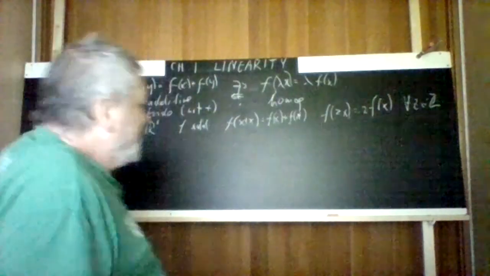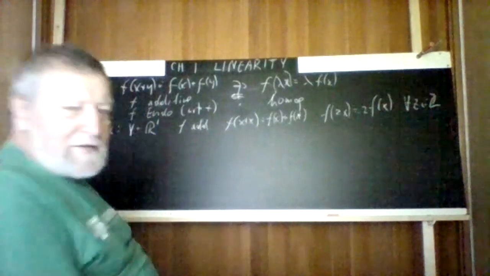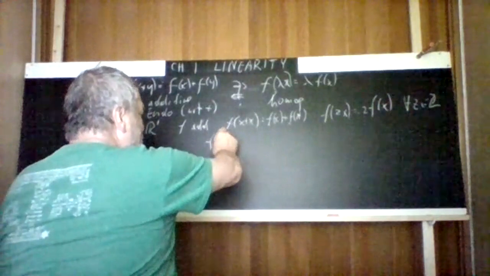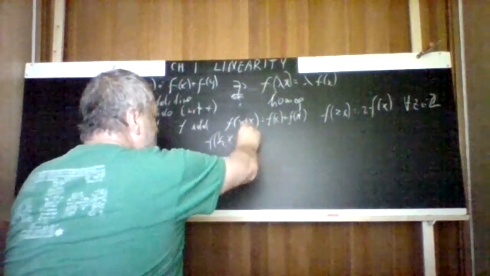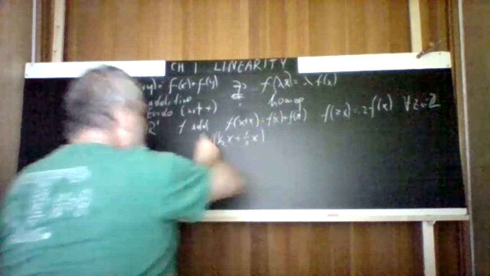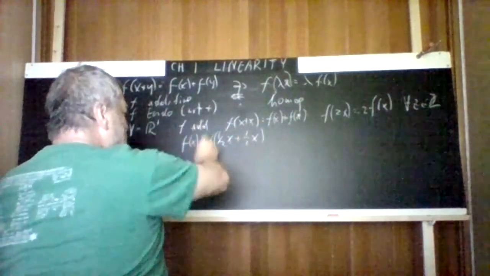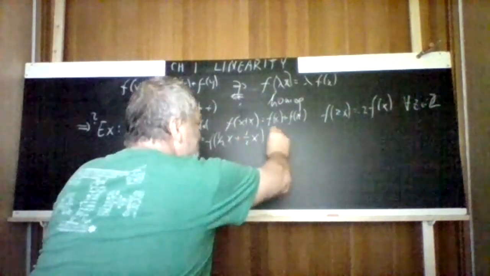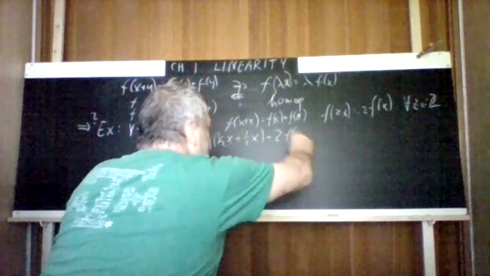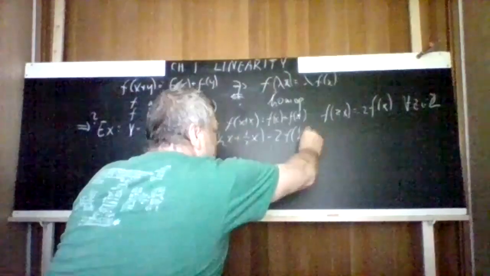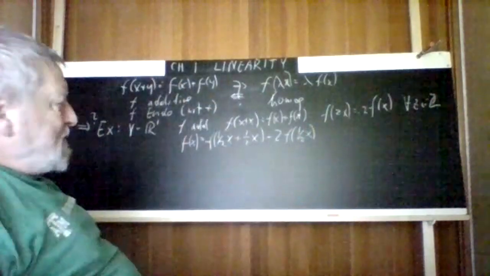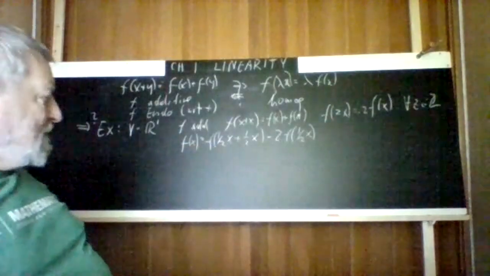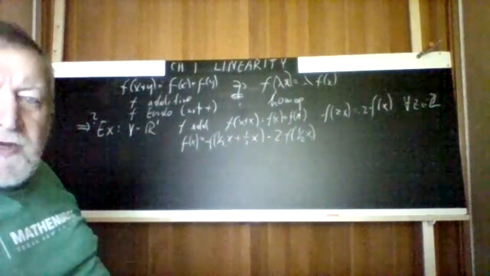If lambda is 1/2, you can still say that f of 1/2 times x plus 1/2 times x, which is f of x, and since it's additive, it's, let's make it short, 2 times f of 1/2 times x. And so we see that we also can take out the fractions. What works with 1/2 works with every rational number.